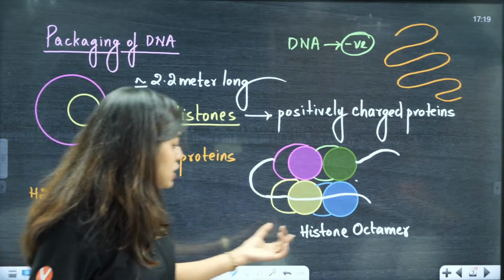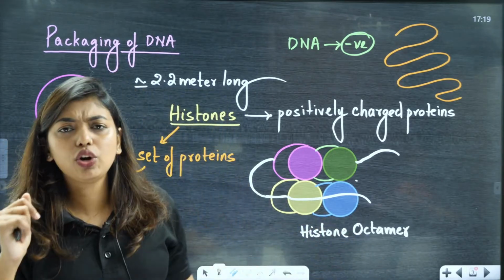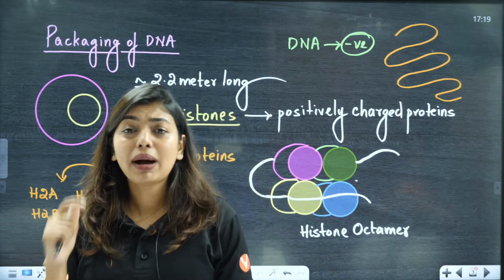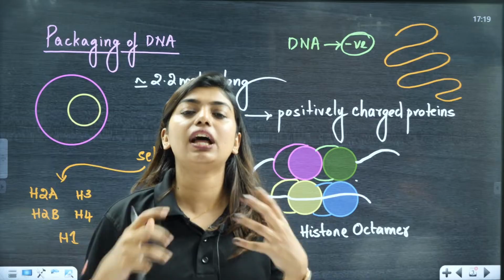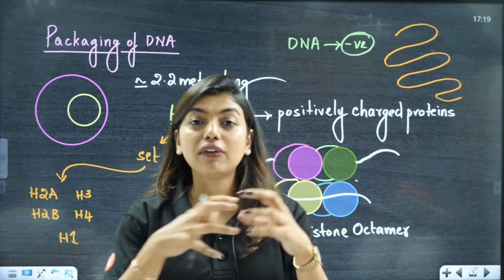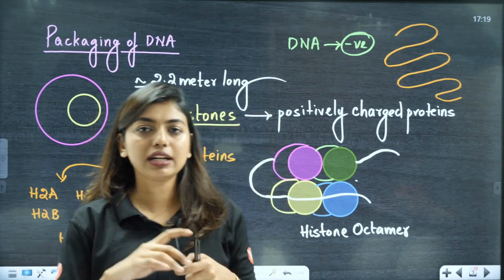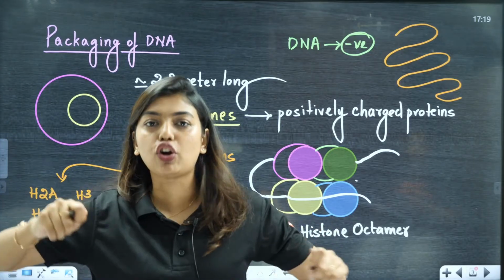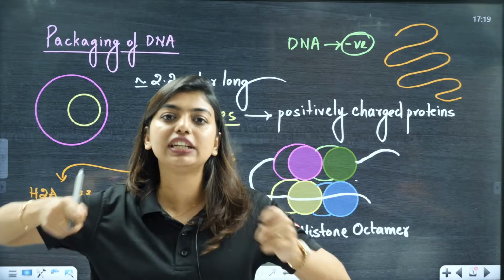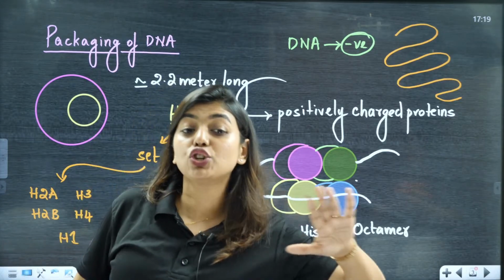Look here, it is a histone octamer, right? Have you seen how they tie a flower garland, for temples and pujas? When they tie the flower garland, they keep one flower and tie one knot. One flower, they tie a knot. Why? Because the flower should not move.